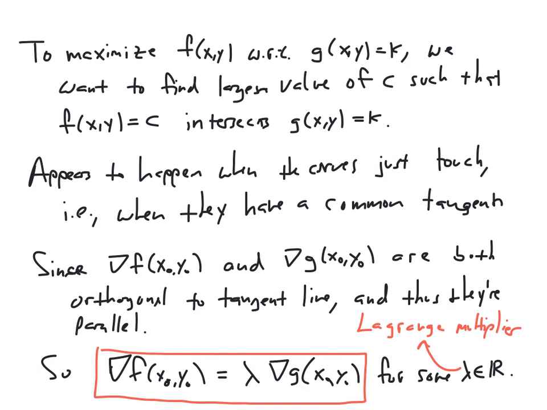That's the first component of our vectors being equal. And the second equation is that the y component, the partial derivatives with respect to y of f and g, are also related with the same scalar lambda. So we actually get two equations involving numbers here. And so often we'll have to solve a system of equations in order to use this in a problem.